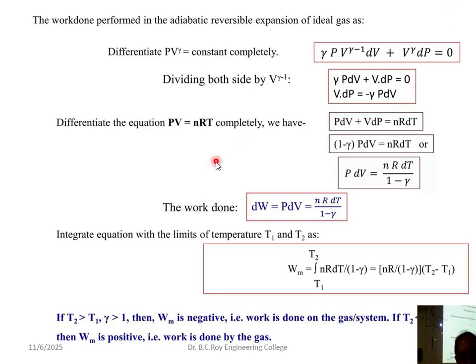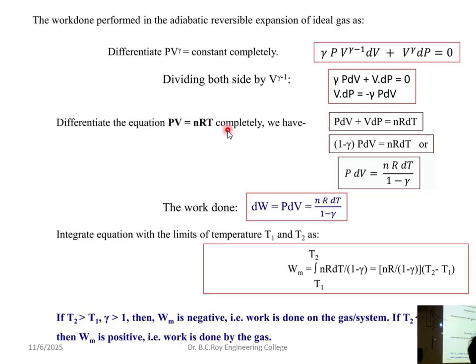Next, coming to the mathematical formulation of adiabatic work. Just look here. PV equal to nRT initially. But it is adiabatic, so T is not constant.